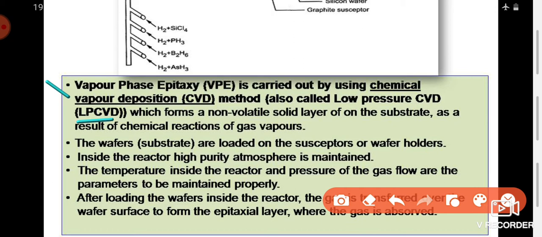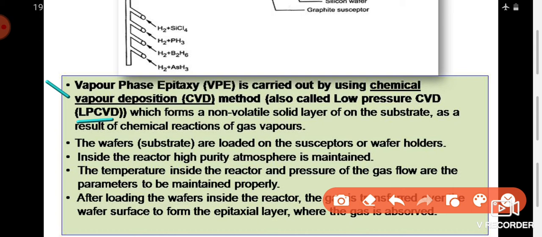Now, why do we carry out this technique at low pressure? It is because at low pressure, the velocity of the gas flow or gas mixture, that is the mixture of silicon atoms and the impurity atoms along with the hydrogen carrier gas, increases.